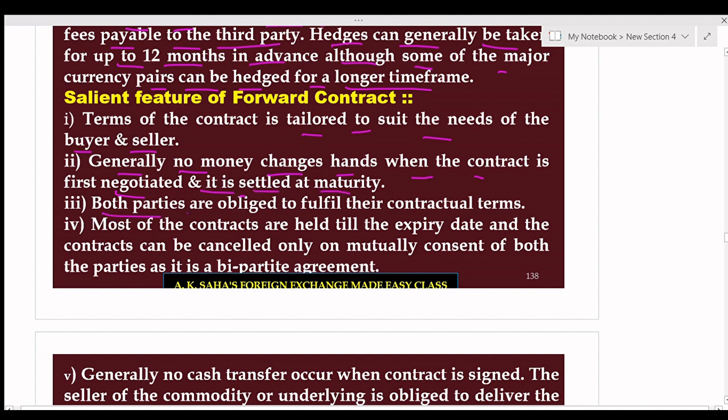Both parties are obliged to fulfill their contractual terms. Most of the contracts are held till the expiry date and the contracts can be cancelled only on mutual consent of both parties as it is a bipartite agreement.